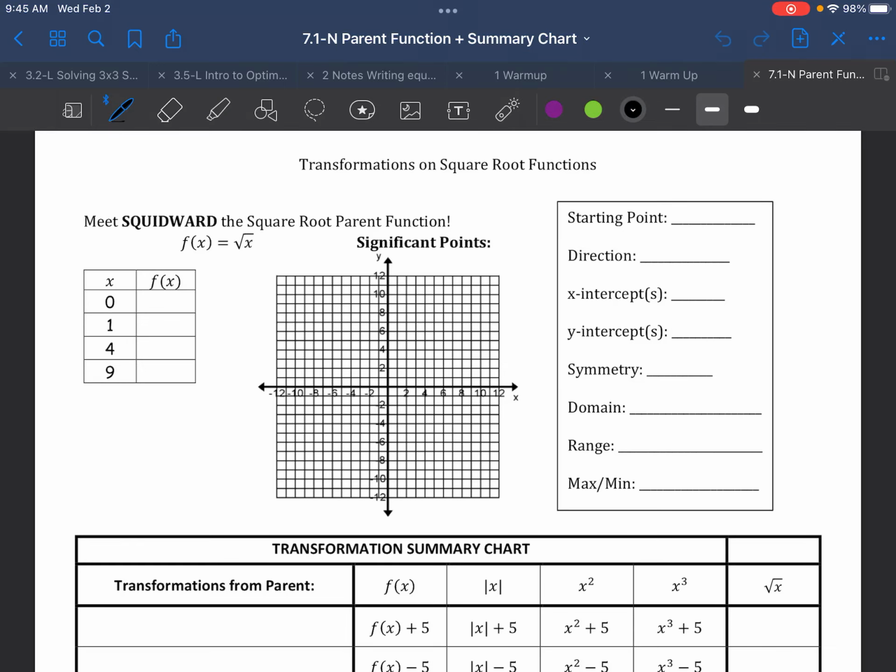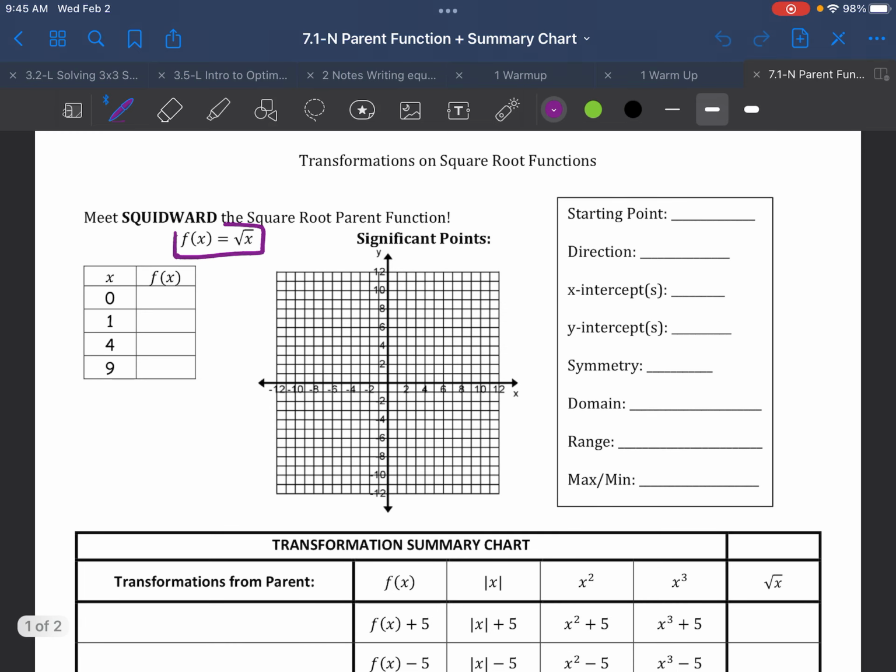Alright, so today we are talking about the square root parent function. His name is Squidward. And so we introduced this at the very beginning of the year. Here is the equation, f of x equals square root of x.